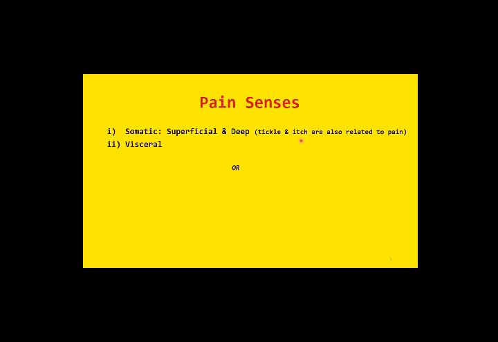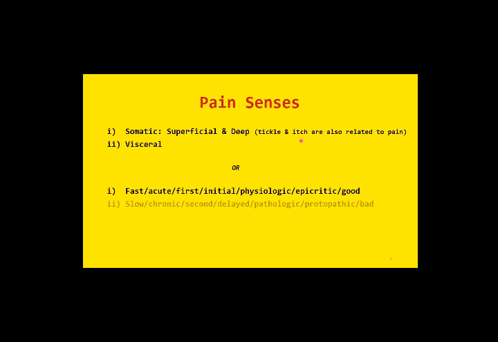There is another way for classifying the sense of pain, that is fast pain versus slow pain. And you can see there are multiple synonyms for each type of pain, whether fast or slow. Fast is of acute onset, slow is of delayed onset or chronic onset.